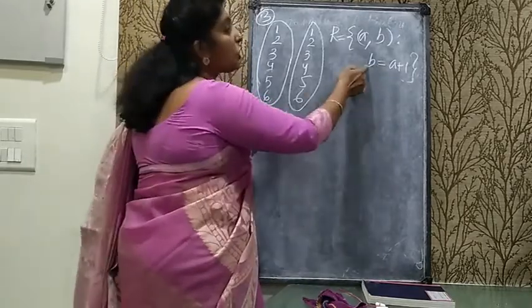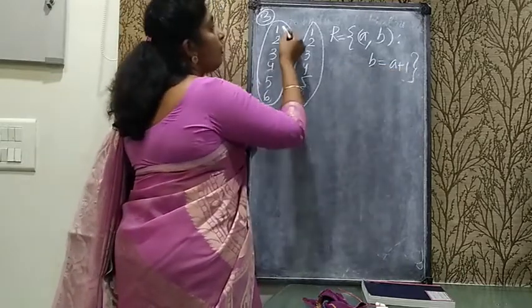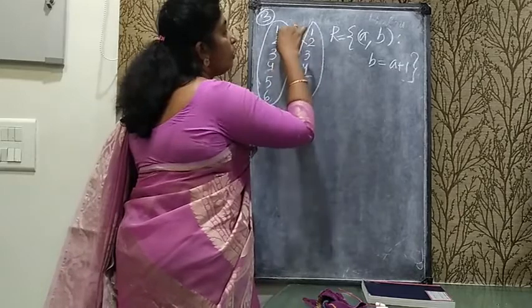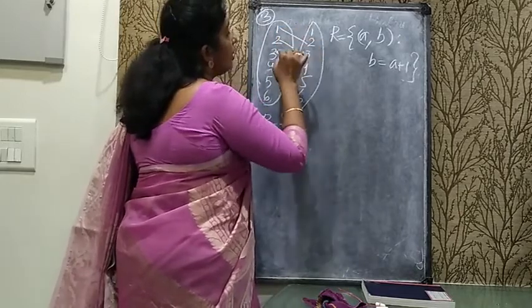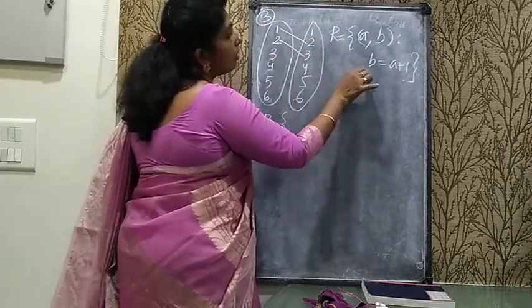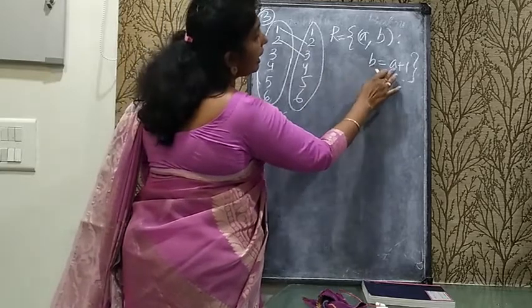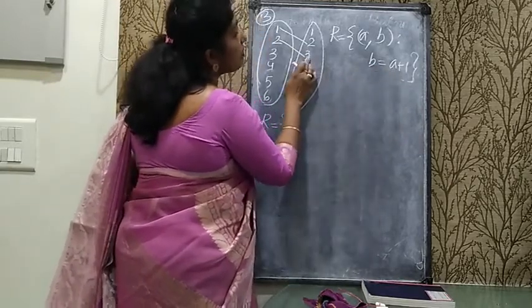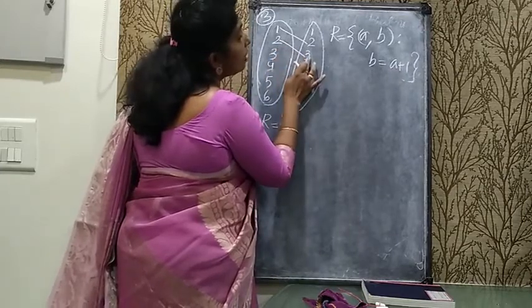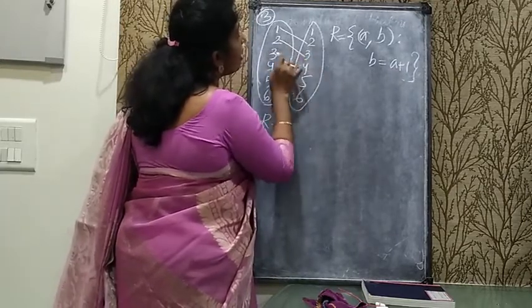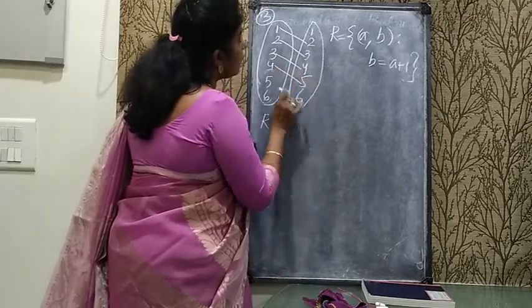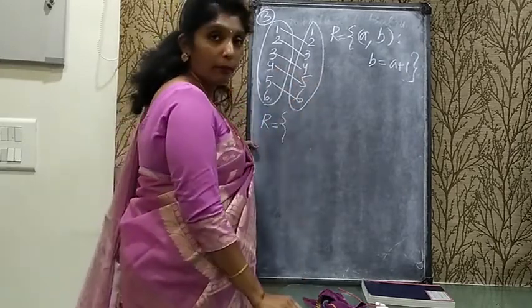It means b should be 1 greater than a. It means if a is 1 then b is 2, then (2, 3), then (3, 4). So this b should be 1 greater than a. So 3 is 2 plus 1, 4 is 3 plus 1, then 5 is 4 plus 1, 6 is 5 plus 1.